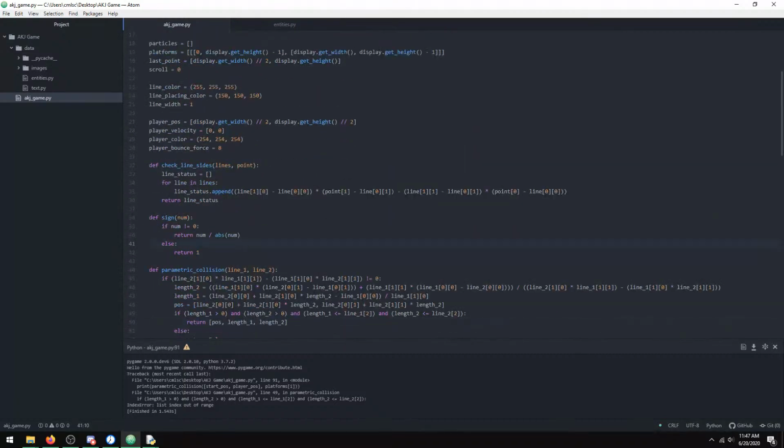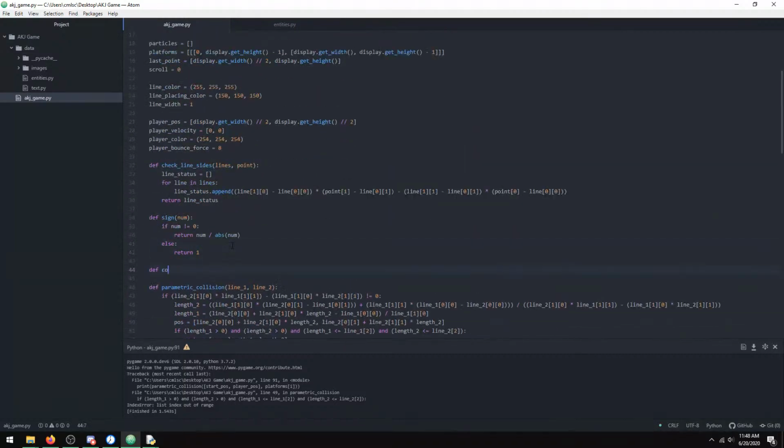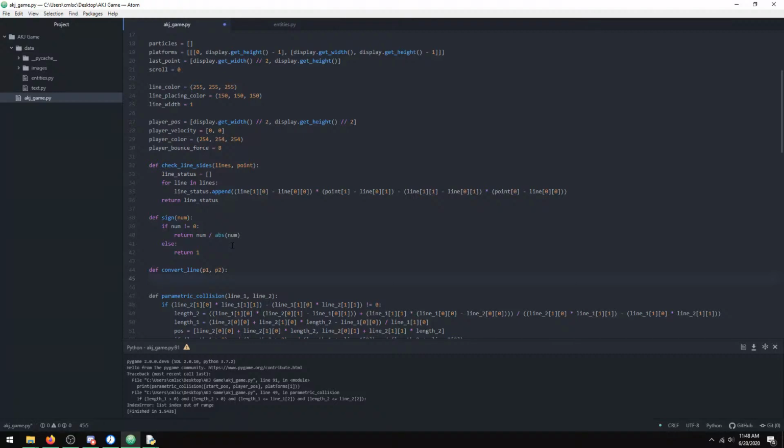I'm just gonna write a convert line function. Def convert line P1, P2. I'm really hacking this together to just get something that works with this function that already exists. Actually, I'm just gonna put in line as the argument, and I'll get the points from that.